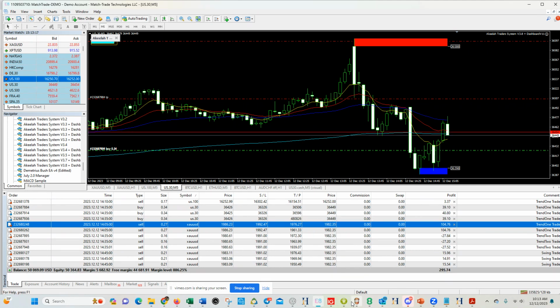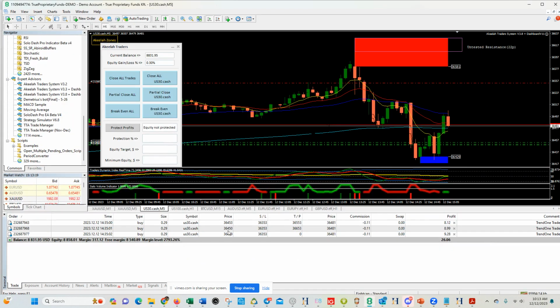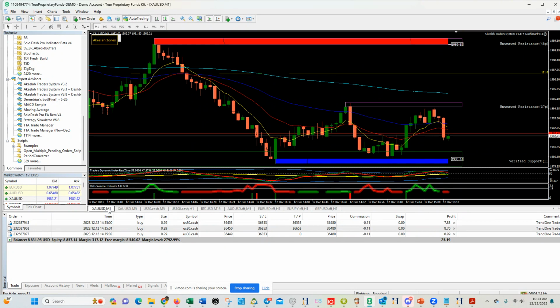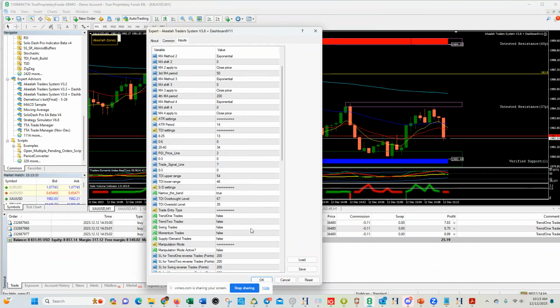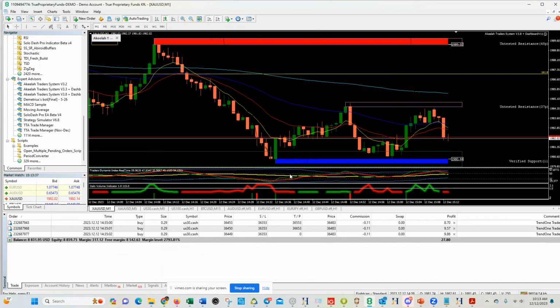We are not trading gold on this one. I think my gold settings are either turned off or we're just not trading gold. Let's see. Okay, yeah, they're turned off on here. So I'm not trading gold today on that particular account, or on this account at all.